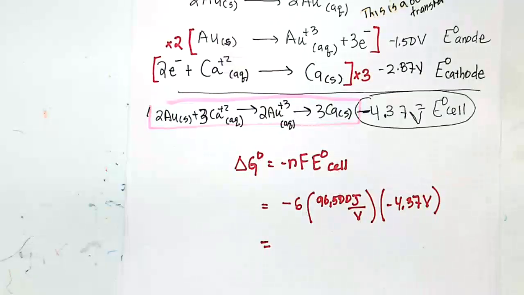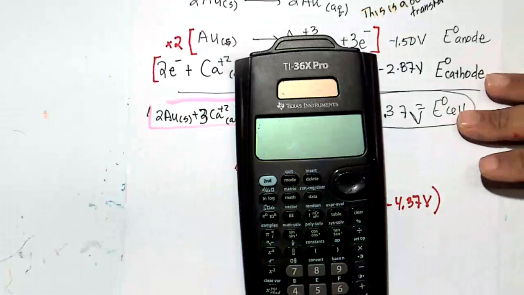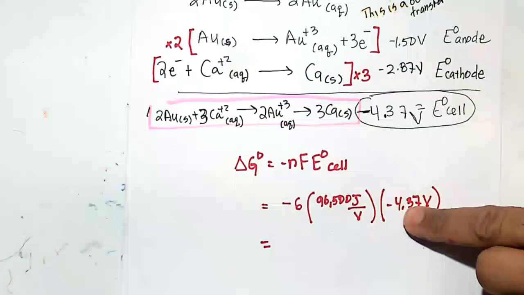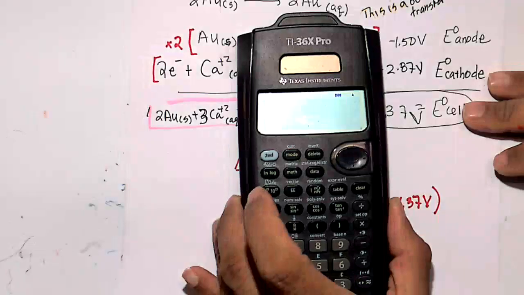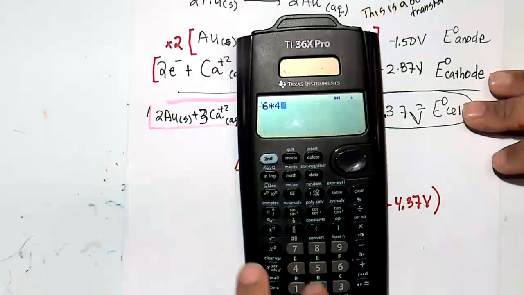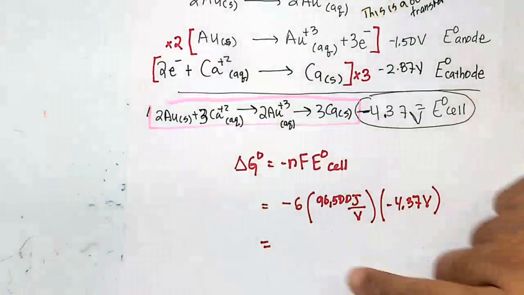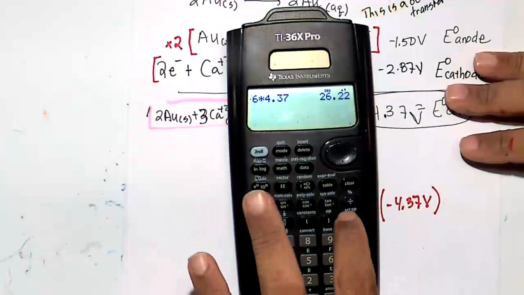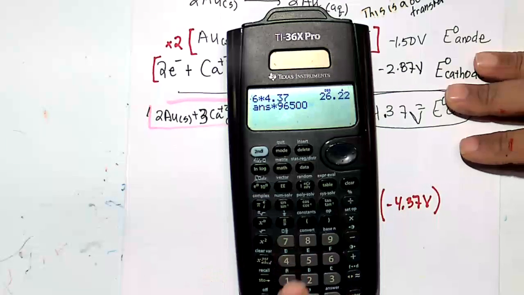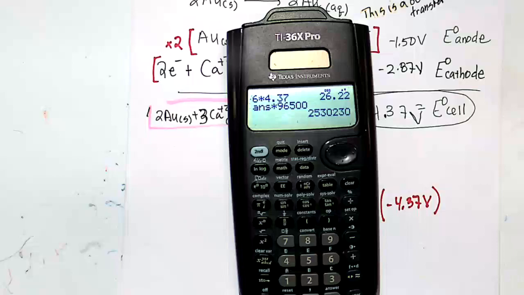And then what do we have here on our calculator? So the minus and minus is plus, so 6 times 4.37, okay, times 96,500. And that is our joules.